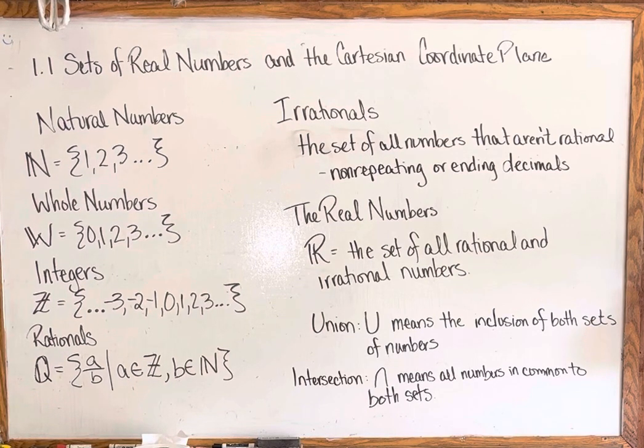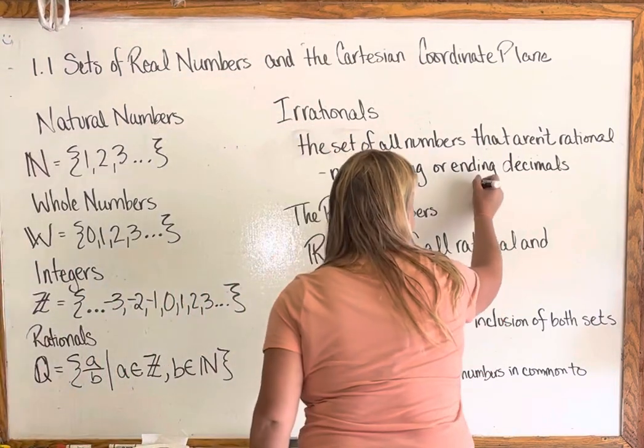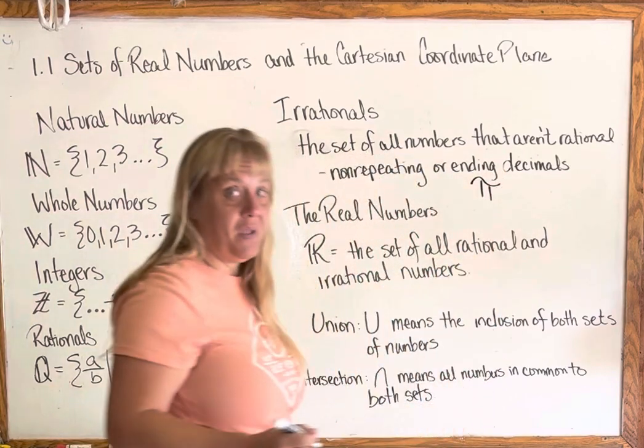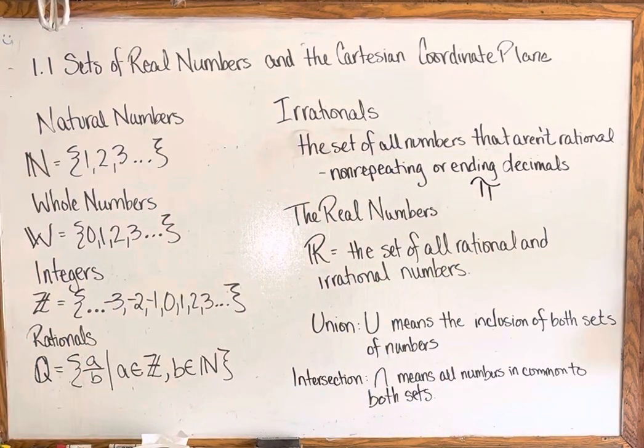Then we move to the irrationals. The irrationals don't even get a letter, and they don't use that kind of set notation. It's just the set of all numbers that aren't rational. These are your non-repeating, non-ending decimals, and our most well-known irrational number is pi, 3.14159, going on and on and on, a non-repeating decimal.